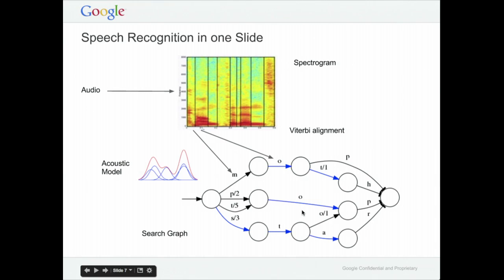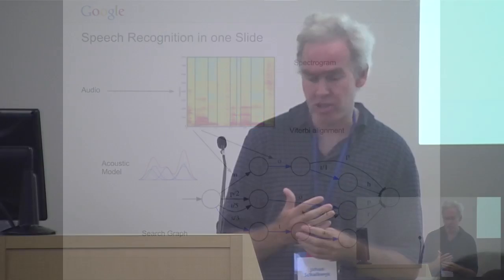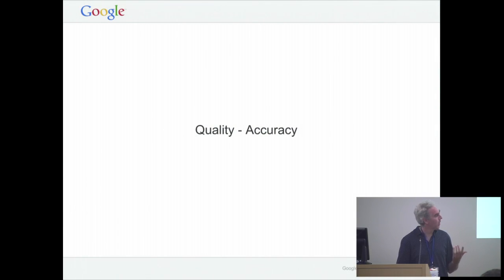Using the acoustic model, the language model, and the lexicon, we create a giant search graph and do a fairly large Viterbi search of the space in real time. As you speak, we go through this giant graph, millions of nodes and interconnections, to determine what you said. A lot of our work goes into these models: acoustic model, language model, and pronunciation model.